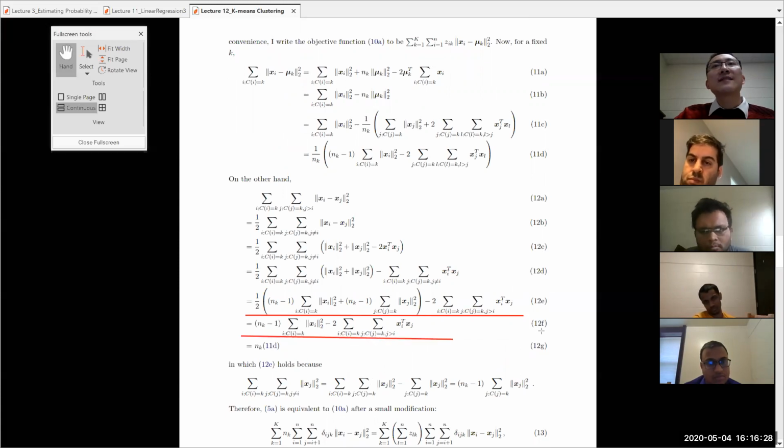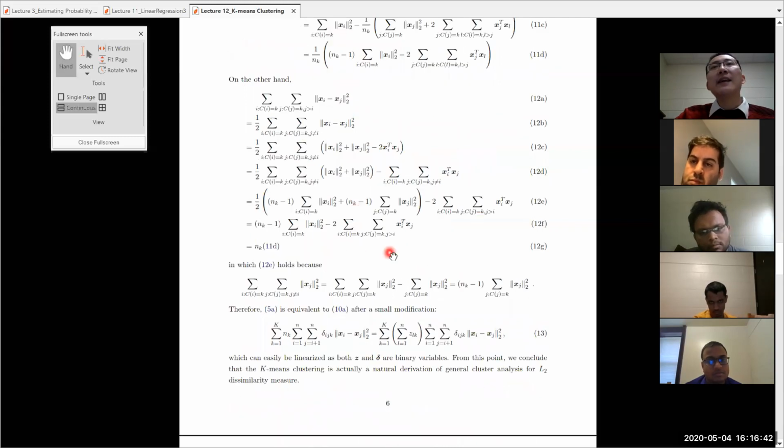If you compare this 12F with this 11D, you see what? You see 12F is nothing but NK times 11D. See it? Hence they're equivalent. So the k-means clustering problem is actually a natural derivation of the general clustering problem in 4.